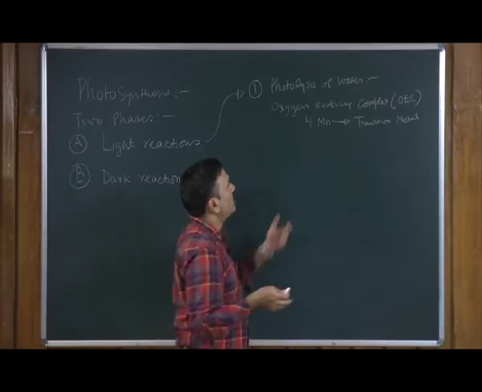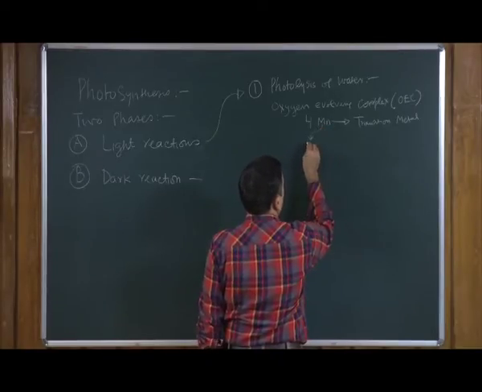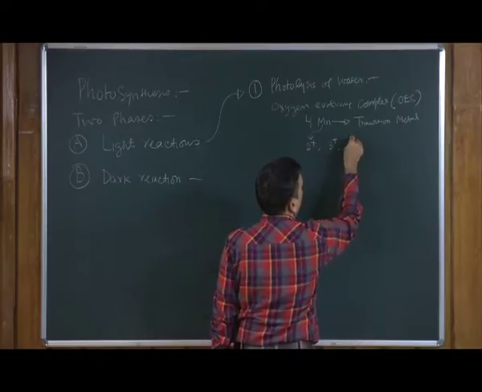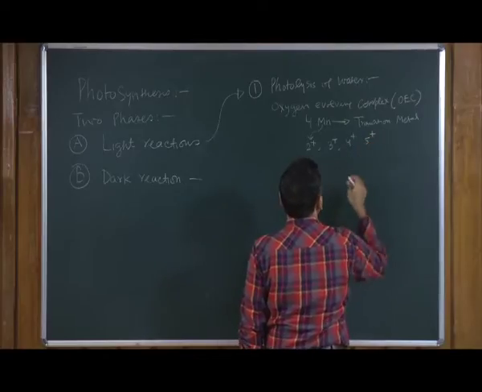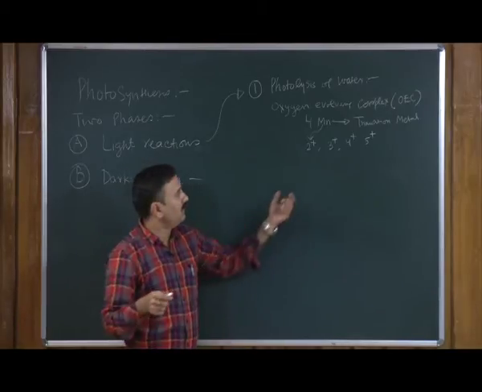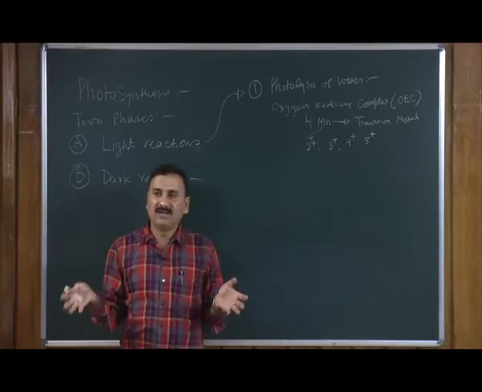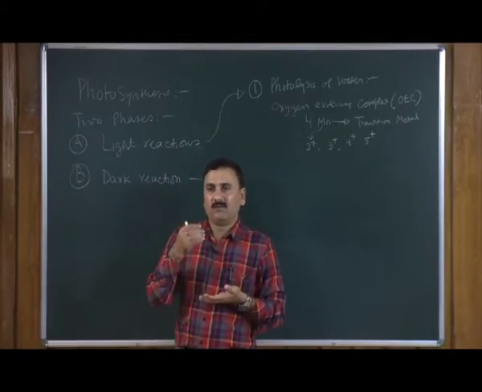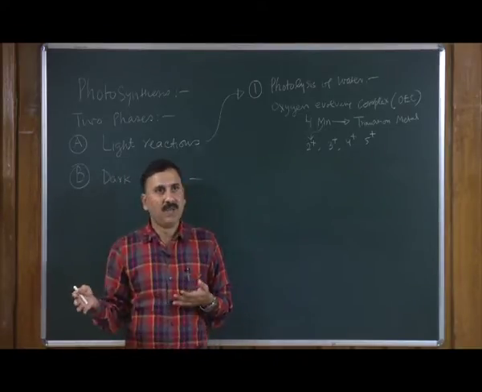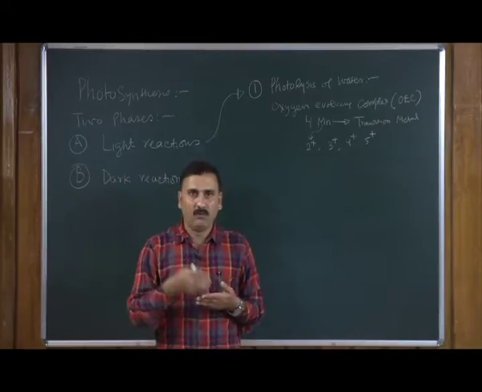Similarly, manganese can exist in different transition states. What are these states? It can go through these stages: 2 plus, 3 plus, 4 plus, 5 plus. Because of this ability of manganese, the oxygen evolving complex utilizes manganese to split the water into two components, oxygen and proton. In this process, chloride as well as calcium is also involved.